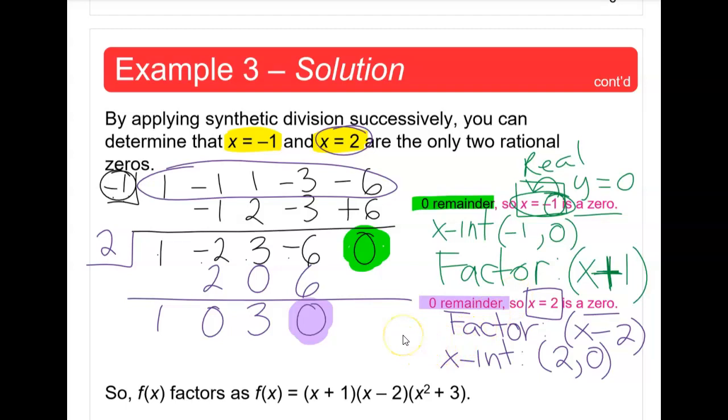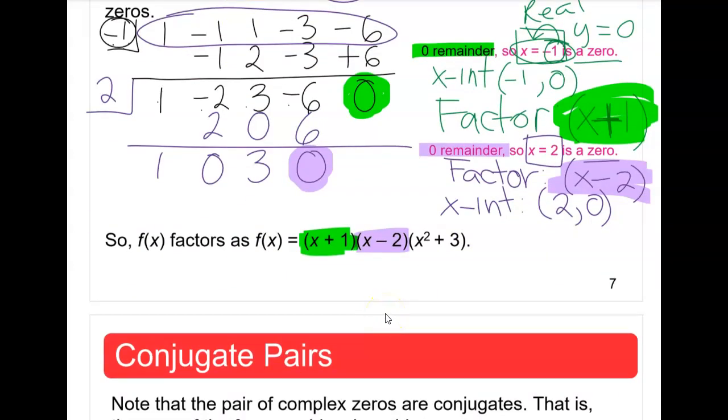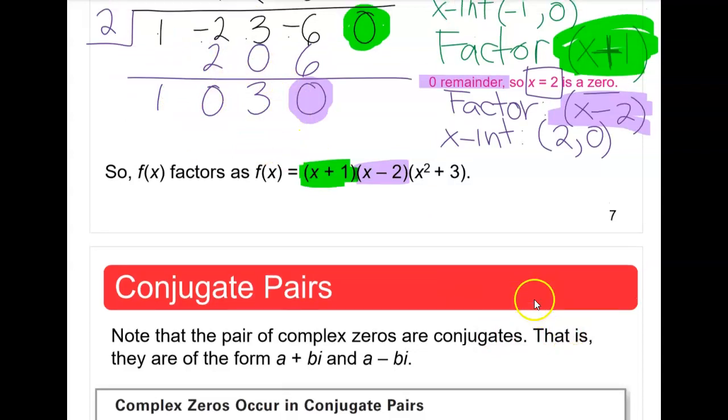So we could see those two here. We have x plus 1. It's right here. And then we have x minus 2. That's the one that we got from here. And then we have another factor, and that is the one that came from the new coefficients.